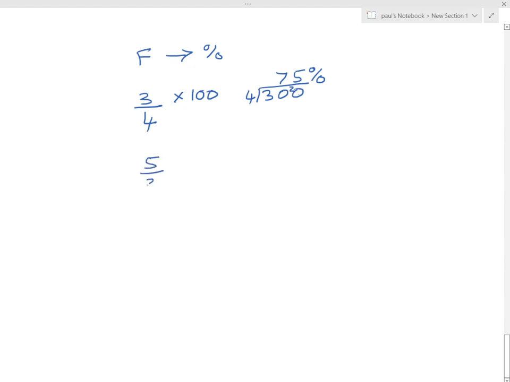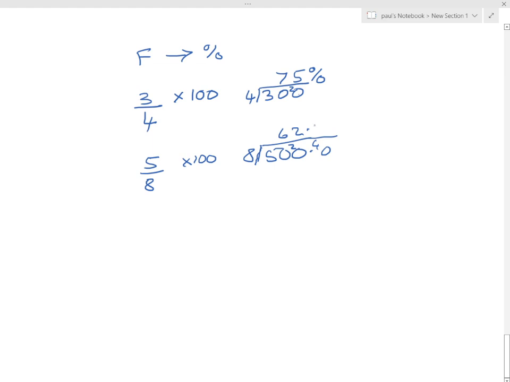5 over 8. Multiply it by 100. So that would give us 500 divided by 8. So 8s into 5 don't go. 8s into 50 is 6, 8 sixes are 48, so that's 6 with 2 over. 8s into 20 go 2 with 4 over, so we're going to have to add some little bits on the end.